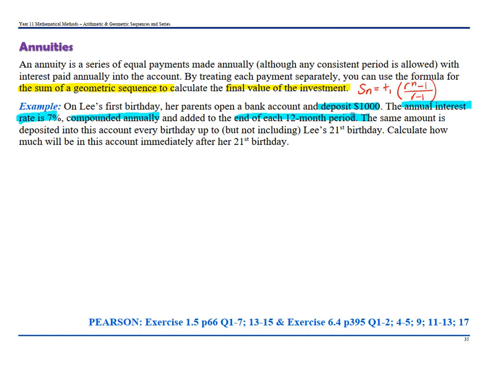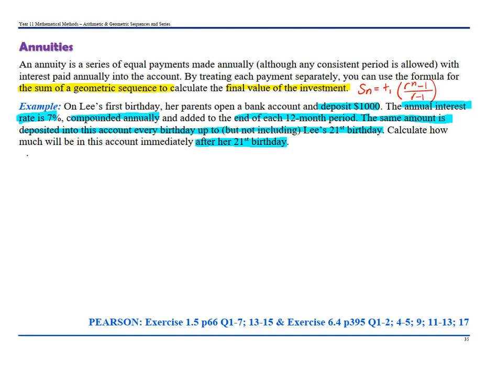The same amount is deposited into the account every birthday up to but not including Lee's 21st birthday. So that means they're getting interest, but also the amount is being increased by a deposit. That's why it's an annuity. This is much more real life to what normally happens, okay? And we want the amount after her 21st birthday.